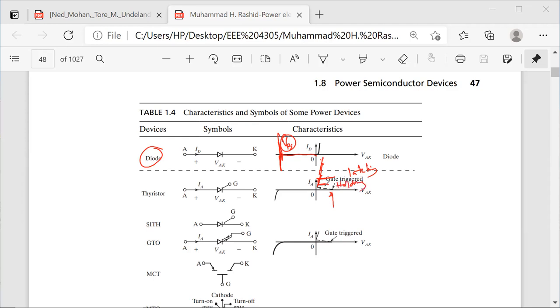If you go below this holding current, then the thyristor will be turned off. And these are the three devices. Static induction thyristor. This is the gate turn-off thyristor. This is the MOS controlled thyristor. So it will conduct in both directions, right? Okay, let me show the figure later.